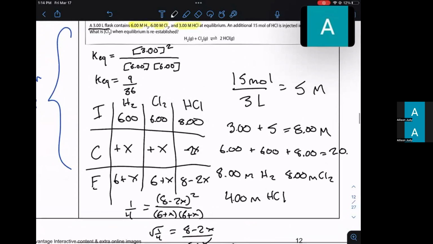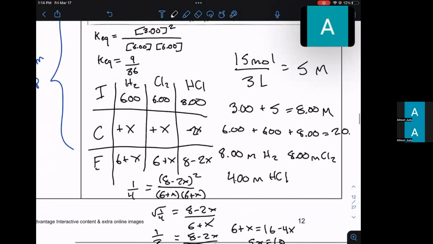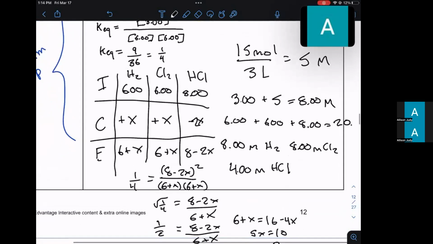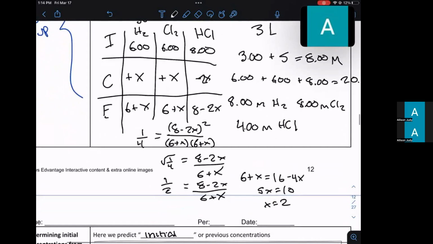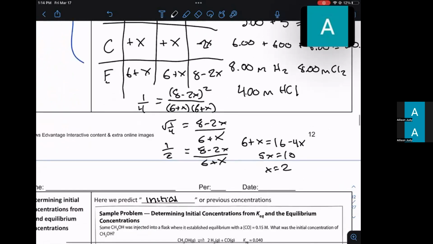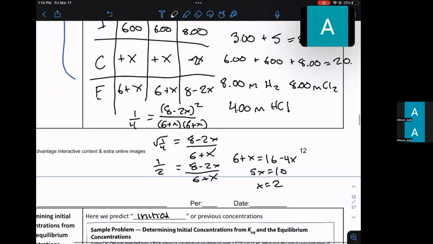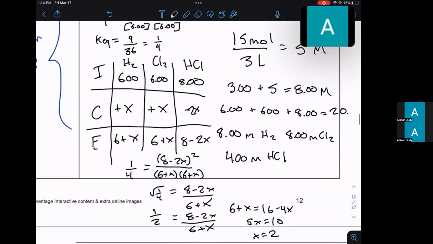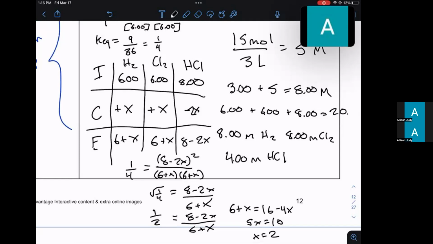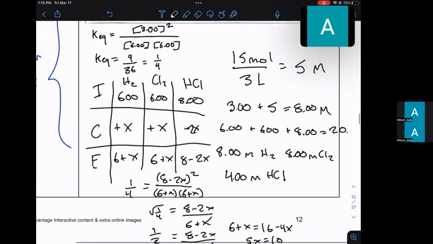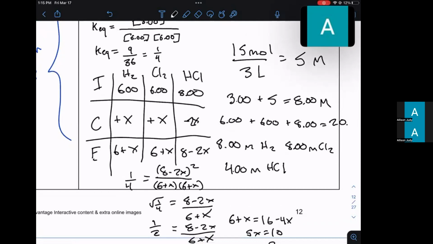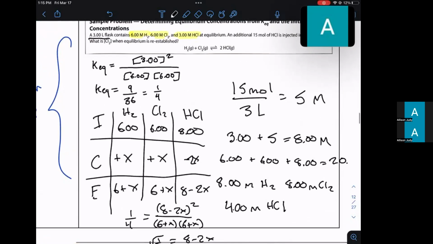You can set that equal to your KEQ, which from up here is 9/36, that's 1/4. Then you can square root it and get 1/2 equals 8 minus 2x over 6 plus x. If you solve that, you'll get x equals 2, which means the change is 2 molarity. You will lose 4 moles of HCl and gain 2 moles of Cl2 and H2.